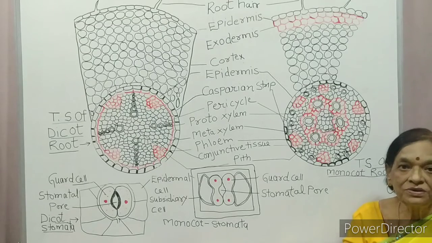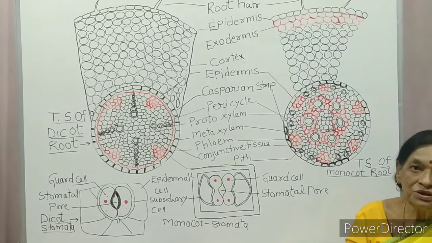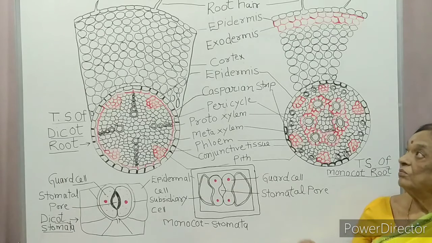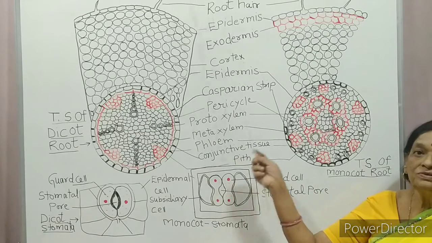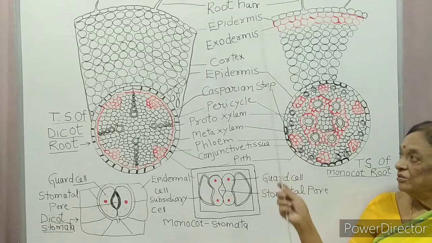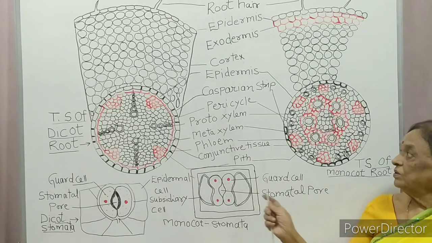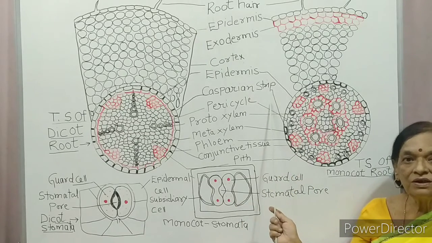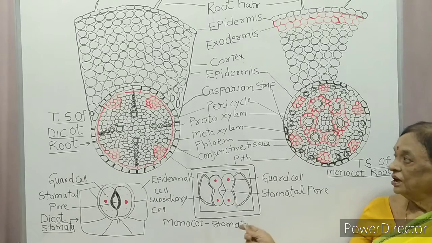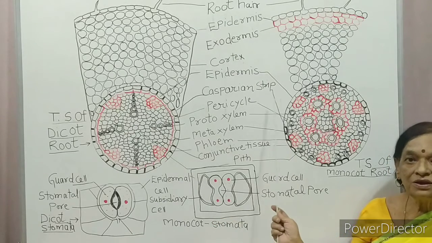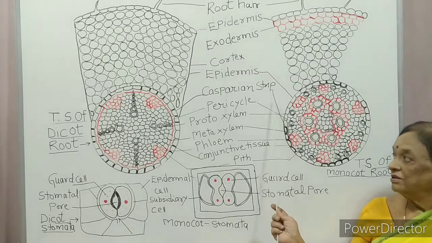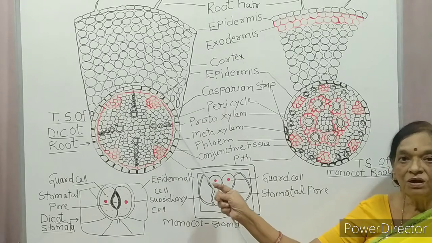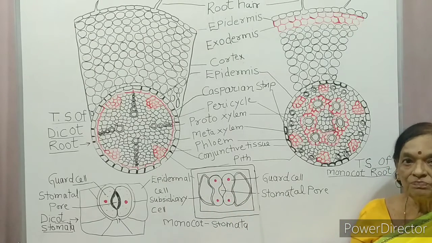Now, what is the similarity between the two roots? Both have unicellular root hair. Both have endodermis with Casparian strip, and both have radial vascular bundles where xylem alternates with phloem.